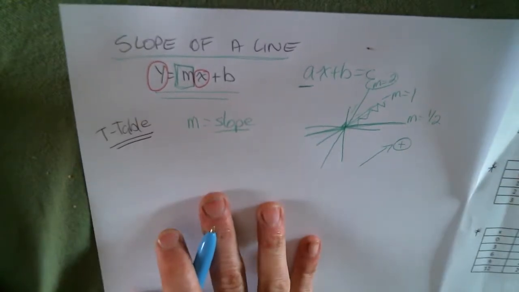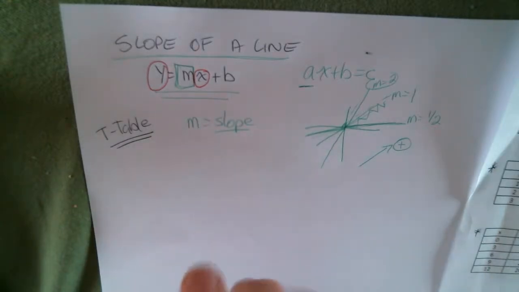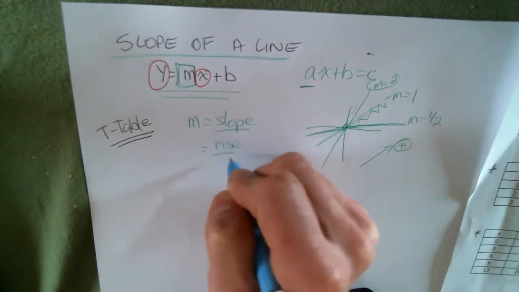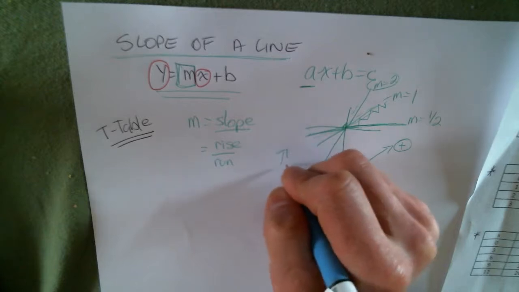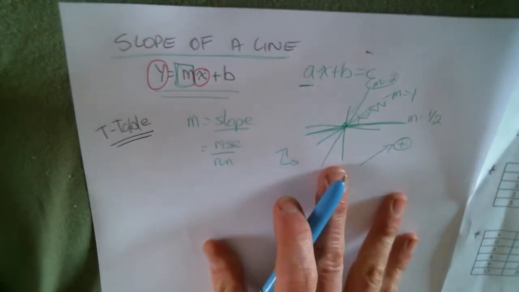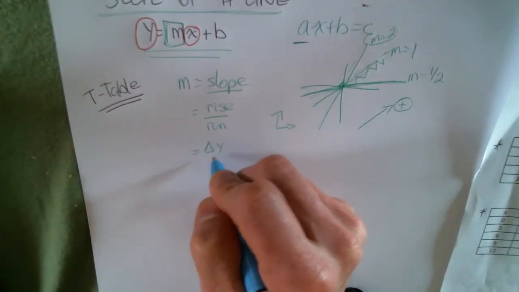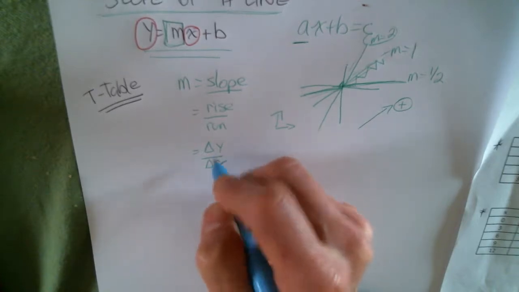But how do we actually calculate the slope to put it into our formula? Well, slope is defined as the rise divided by the run. Rise is how much we go up, run is how much we go over. We also talked today about this wonderful little formula called delta y over delta x. What does delta stand for?